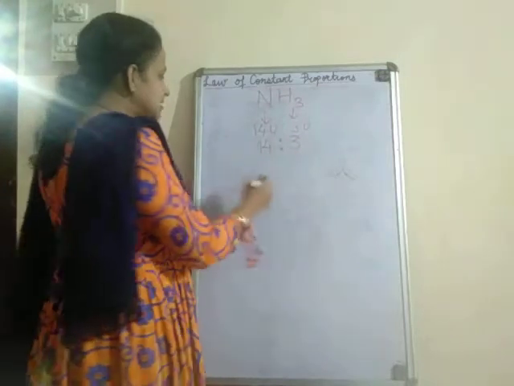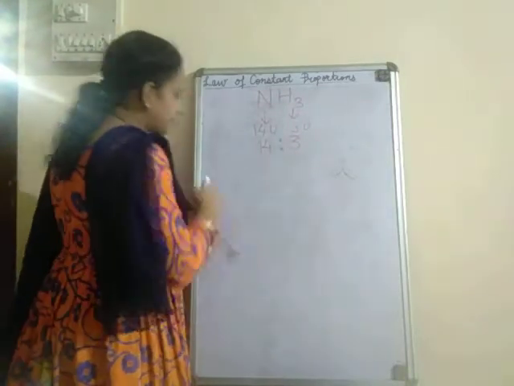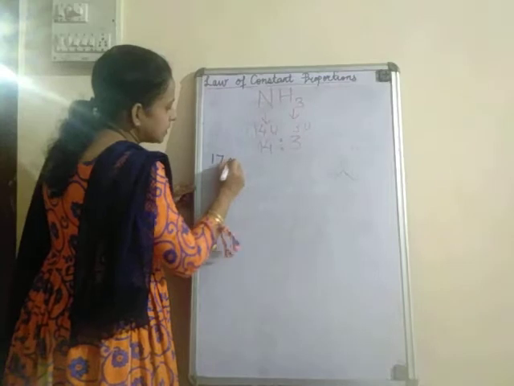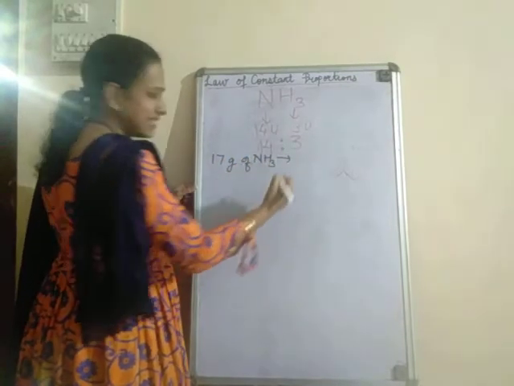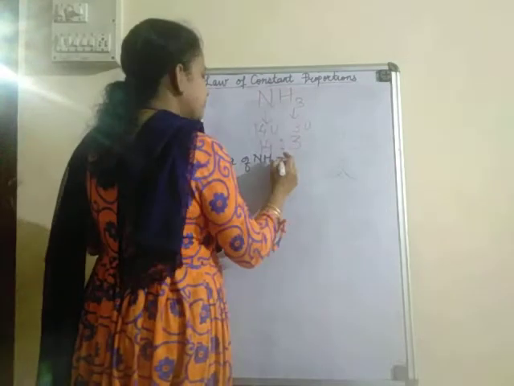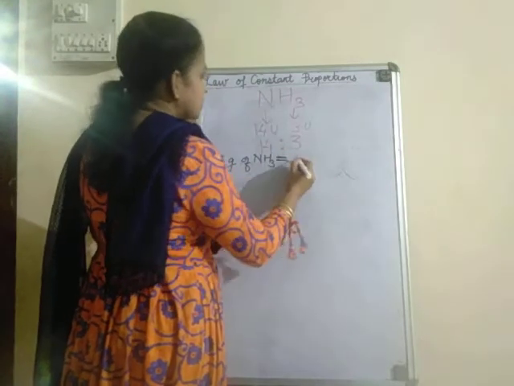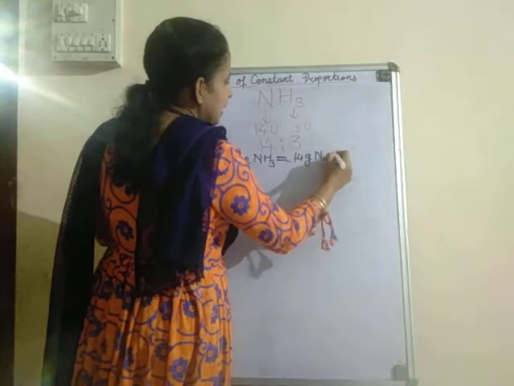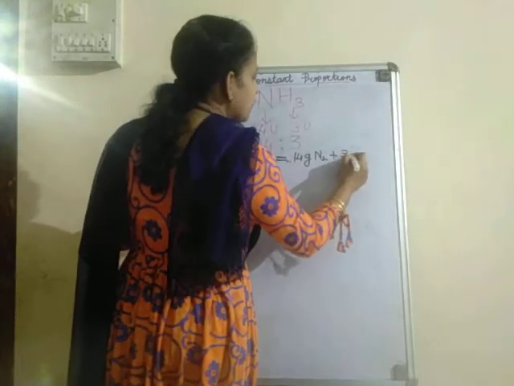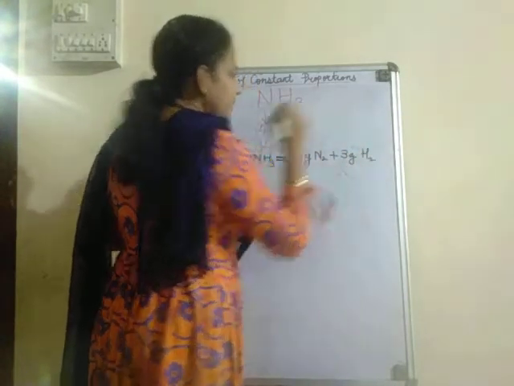So the nitrogen combines with hydrogen in the ratio of 14:3. That means 17 grams of ammonia will contain 14 grams of nitrogen and 3 grams of hydrogen by mass.